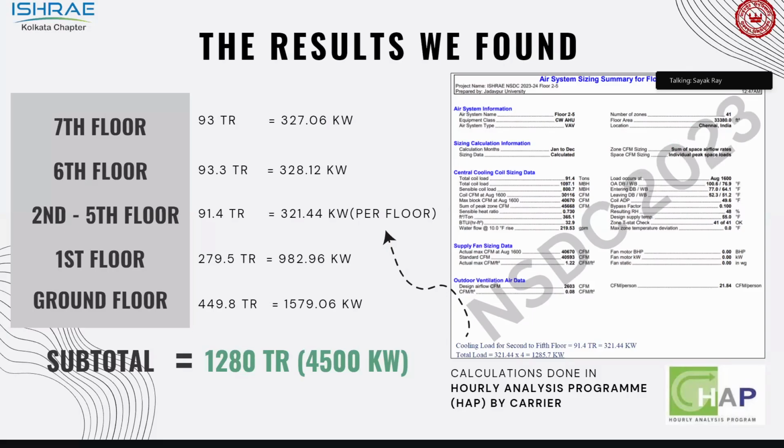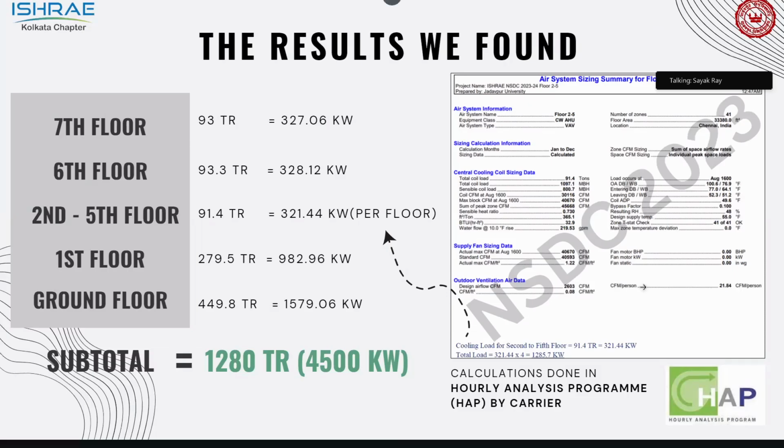Variable air volume is an HVAC system where the temperature and the airflow are automatically adjusted, and it is not constant. The total cooling load calculated came out to be 91.4 tons, which is around 321.4 kilowatts.